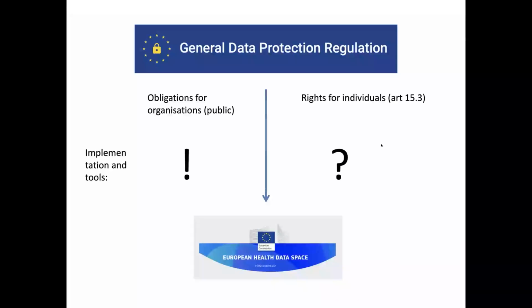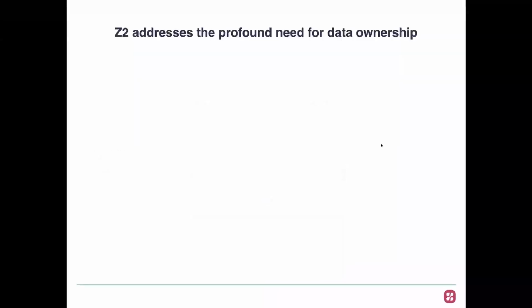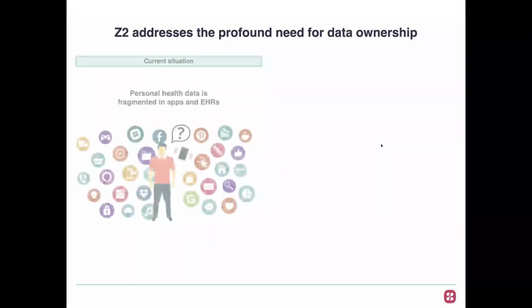For our space, we will have a deeper level now with the European Health Data Space that really makes possible, for us individuals and for organizations, getting and accessing data on a totally new level, and that's coming now. So what we do instead is address the profound need for data ownership.